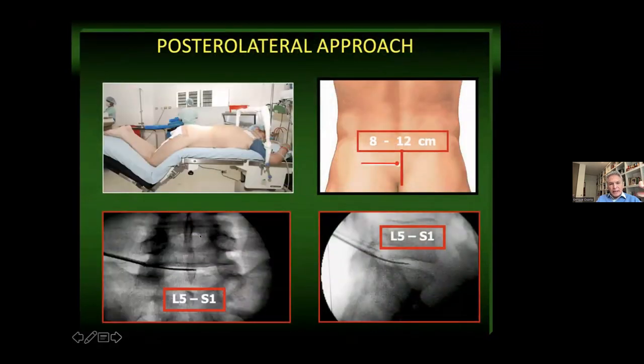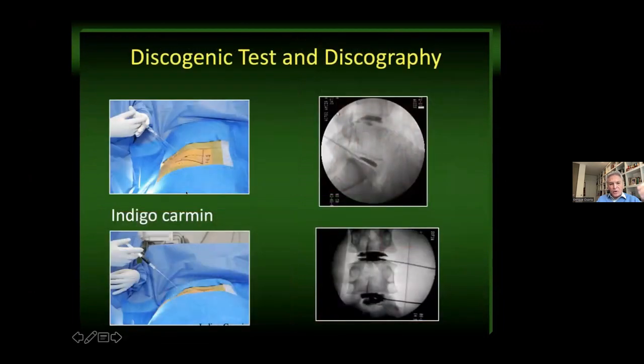For posterolateral, this is the position of the patient. All the patients we are doing under local anesthesia, and we enter between 8 to 12 centimeters and go directly to the disc. We introduce indigo carmine to differentiate very well the disc from the other structures, to help in the surgery.